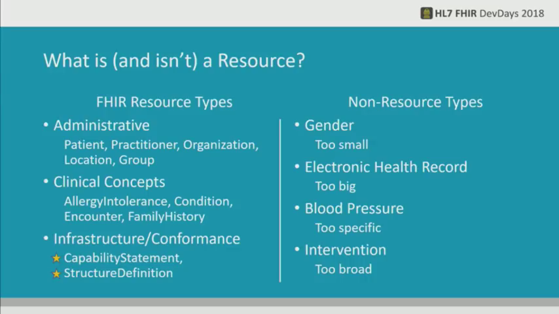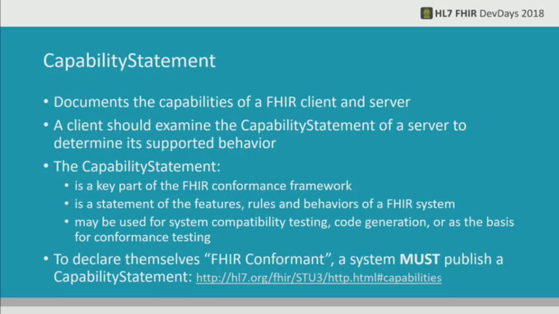It's a specific type of observation, but there is no specific blood pressure resource type because it's just a type of observation. Okay? Intervention, again, think of care plan, think of something bigger in nature where you have lots of collections of other resource types. So I want to just concentrate on those two infrastructure capability ones that I starred there.